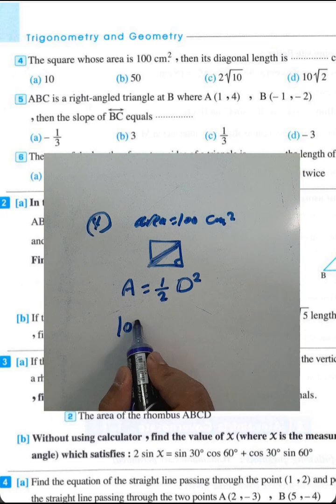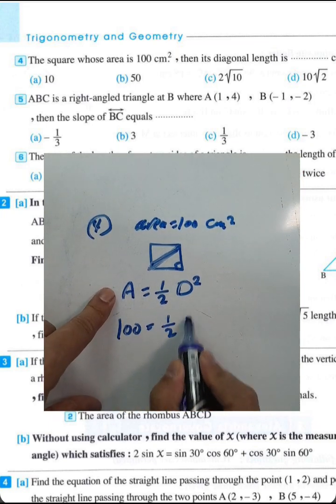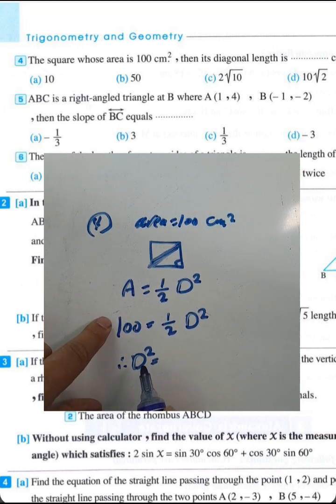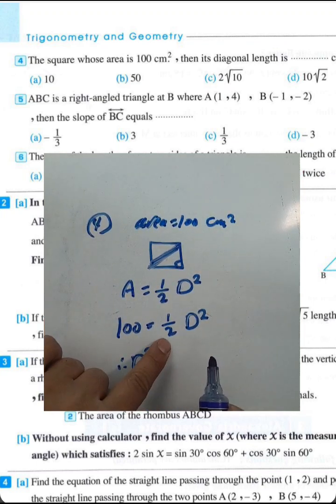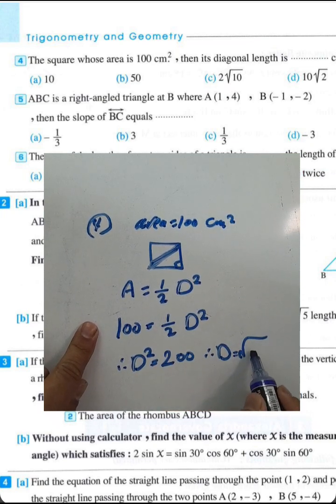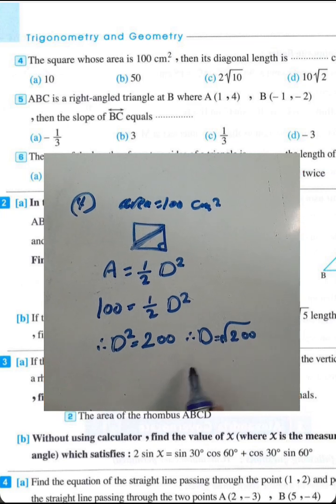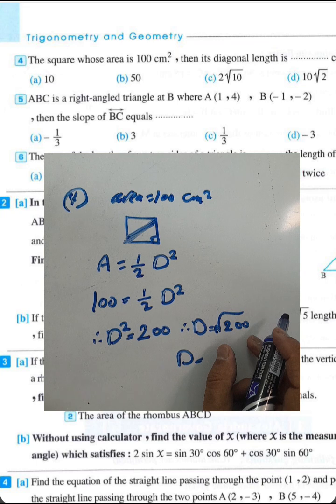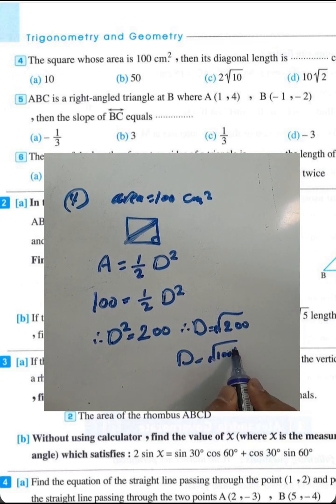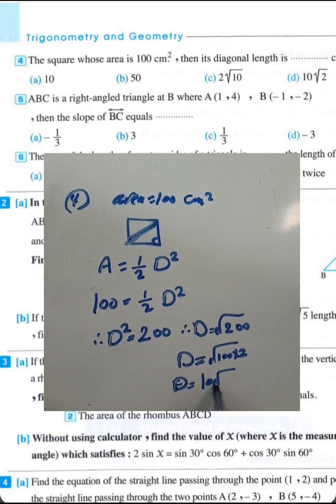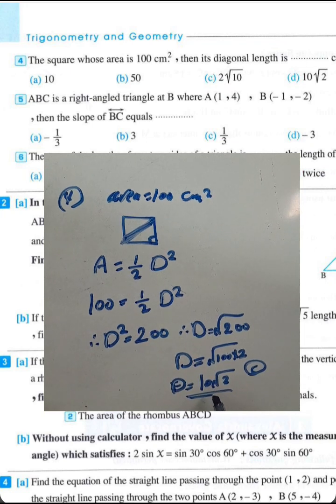Then we can write 100, the area, equals half times d squared, because he gave us the area. So d squared will be 2 times 100, it will be 200, and d will be the square root of 200. Then d equals the square root of 200, equal what? 100 times 2. And then the result will be the square root of 100, it will be 10, and write 2. Choose letter C.